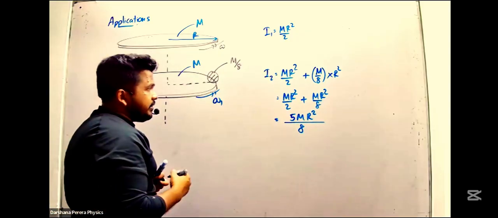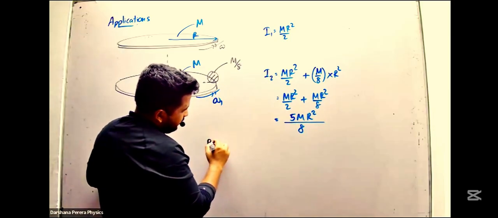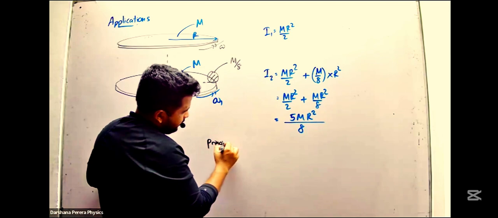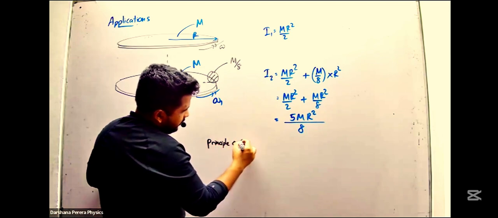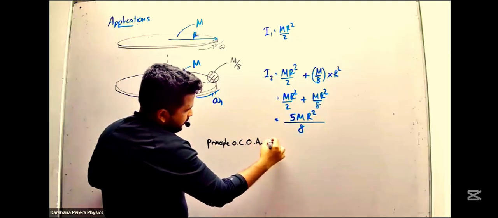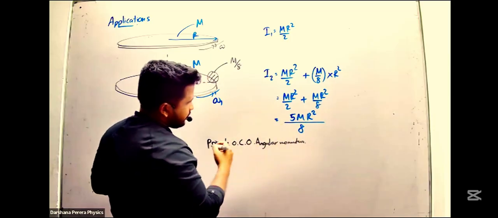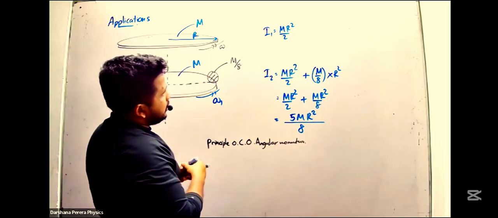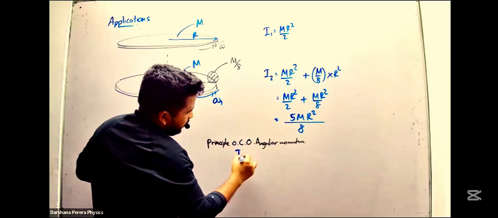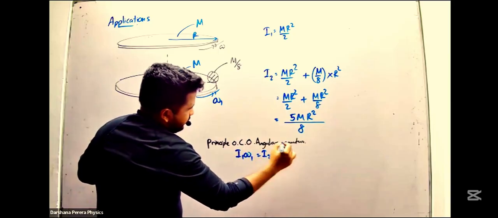Therefore, we can use the principle of conservation of angular momentum. I1 omega 1 equals I2 omega 2.